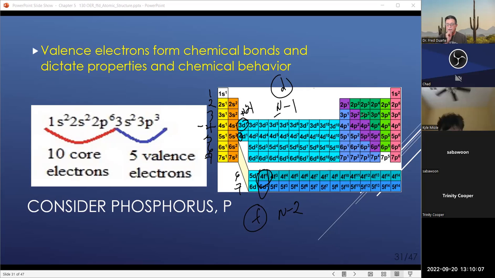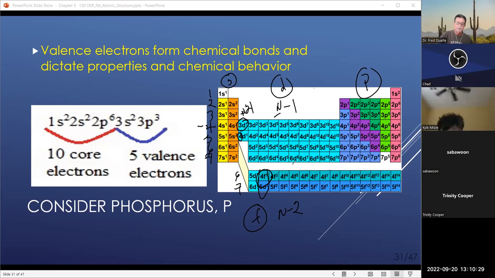The S and the Ps, whatever period they're in, whatever energy level they're in, that's the energy level those particular orbitals are in. So I prefer to use the periodic table and the position of the element, and we're going to do some examples of that.